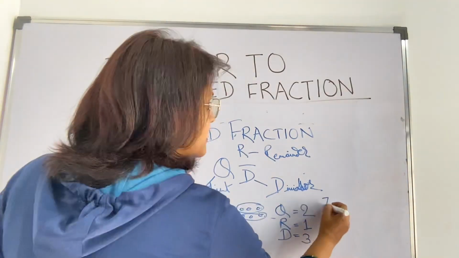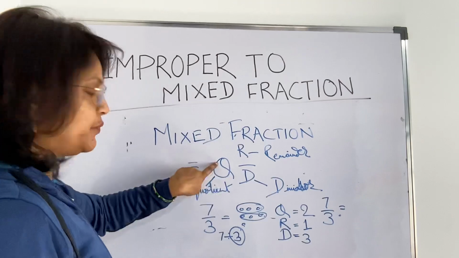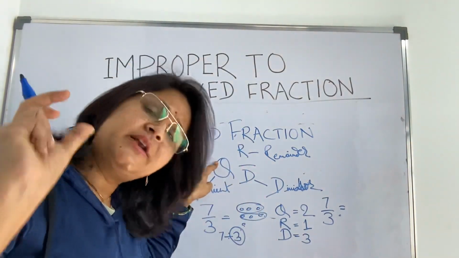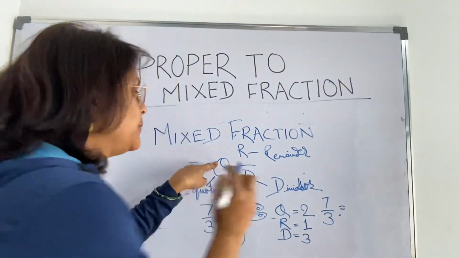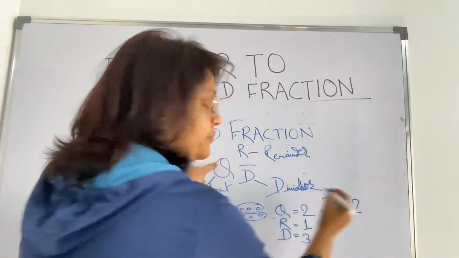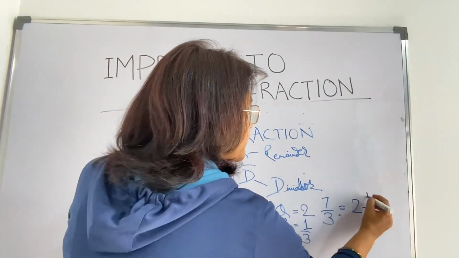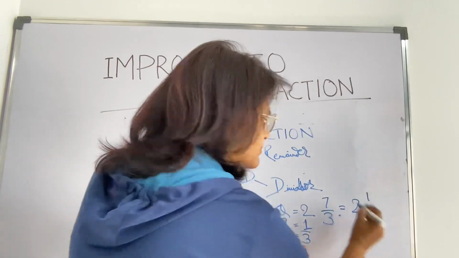Now 7 by 3 can easily be written with Q, which is a whole number, because this many times actually came as a whole number when we divided 7 by 3. So this is 2, remainder is 1 and divisor is 3.